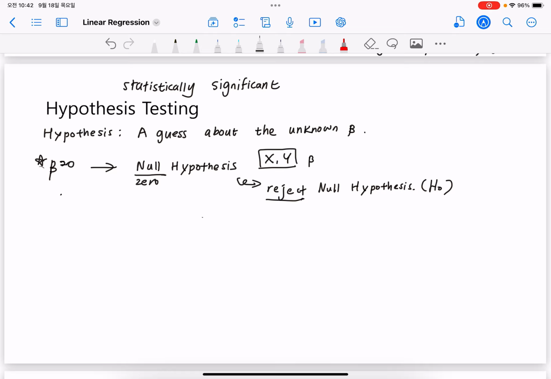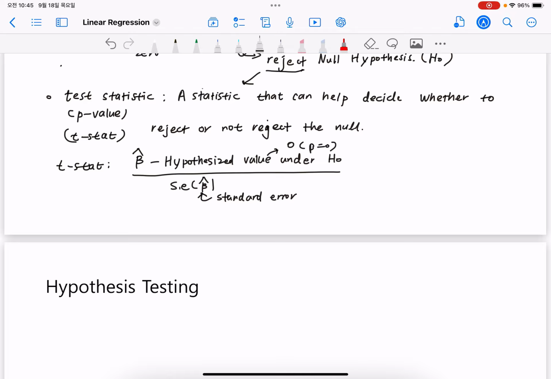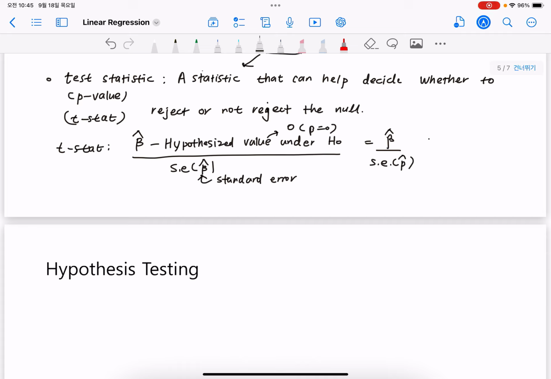I'm not going to go deeper, but this is the standard error of beta hat. Okay. The hypothesized value under null was nothing more than 0, right? We were guessing that beta is 0 under H null. So this can be summarized as beta hat over the standard error of beta hat. Okay. And we assume that this follows what's called the t distribution.